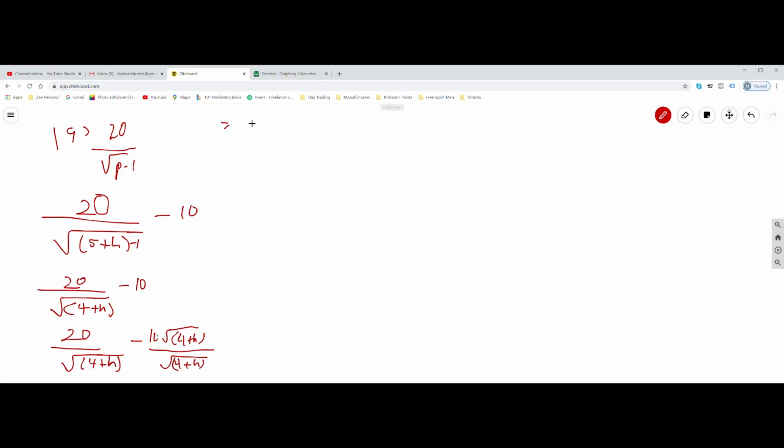So equals 20 minus 10 square root 4 plus h over 4 plus h. Okay, so we're going to multiply by the conjugate.